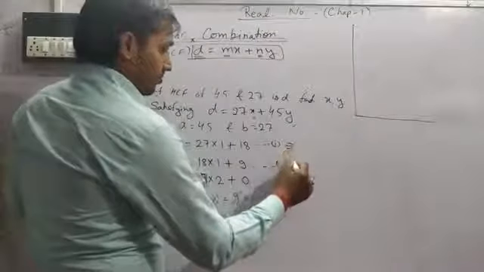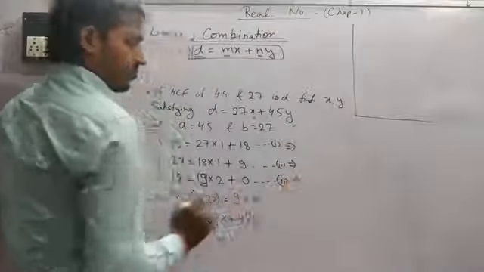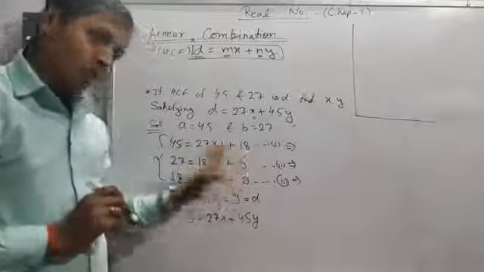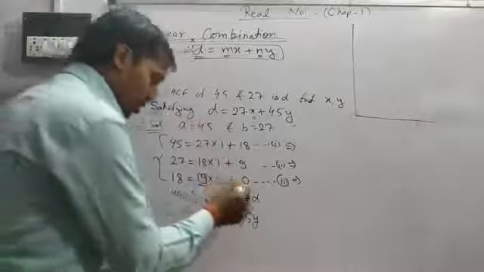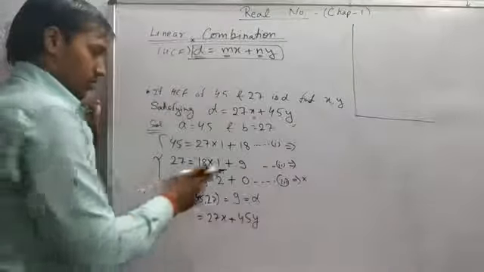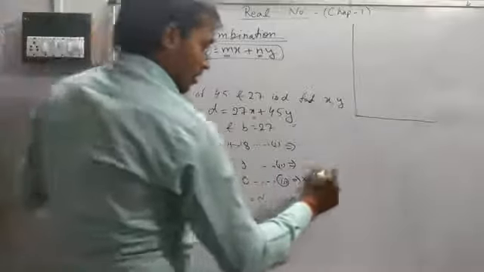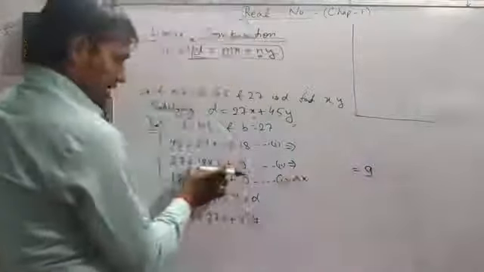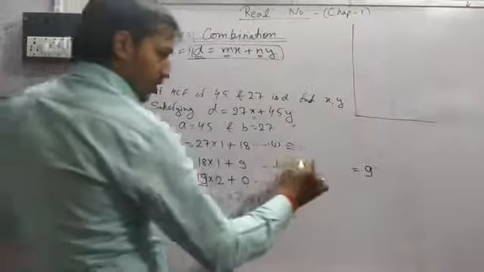From here, first thing, you find the value of remainder from all the equations. Here remainder 0, so you can't find. Here remainder 9, so what's the value of 9? Send this expression to the left side.